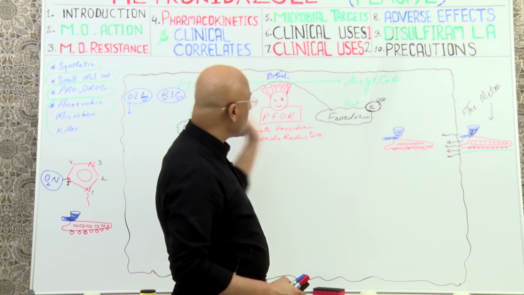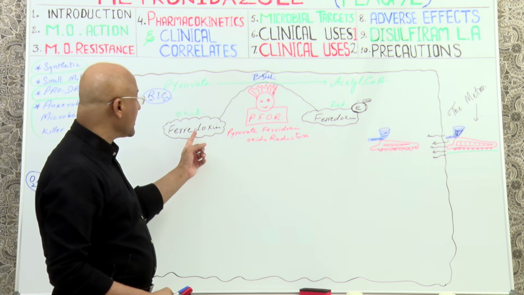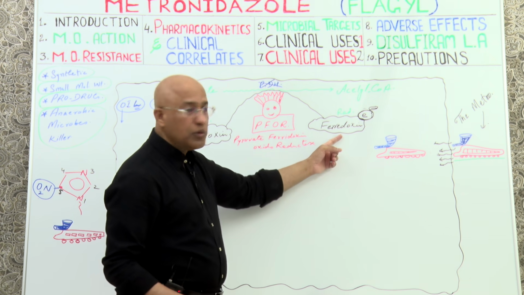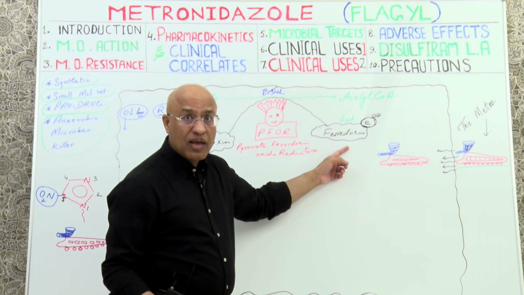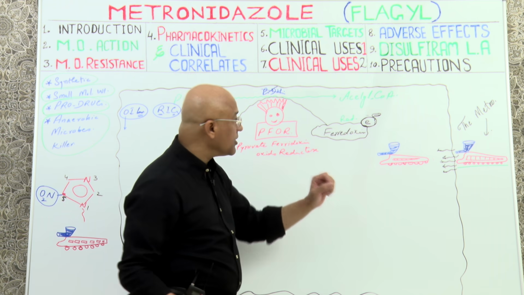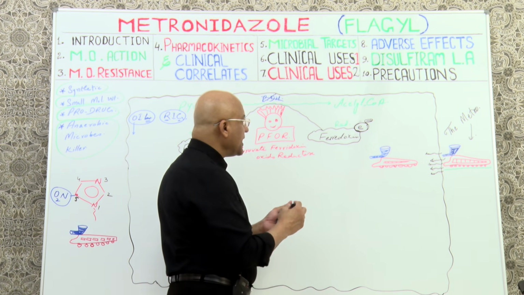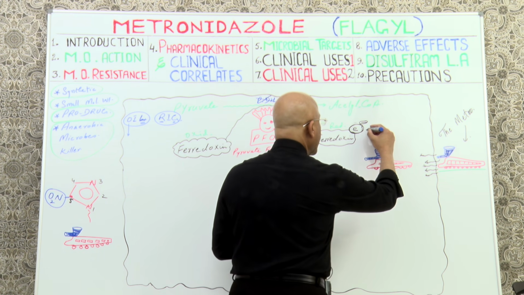Now here is the classical thing. As energy metabolism progresses continuously, it is cycling the oxidized form of ferredoxin into electron-loaded ferredoxin, which is the reduced form of ferredoxin. From the reduced form of ferredoxin, electrons can be very easily snatched.